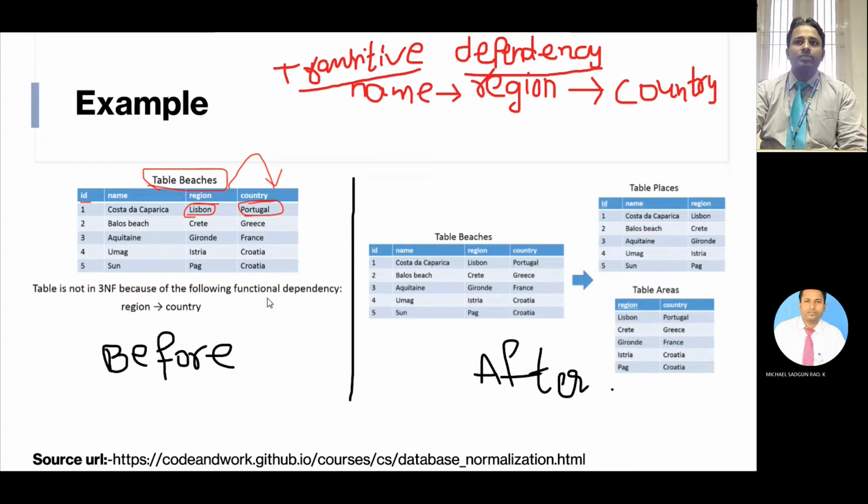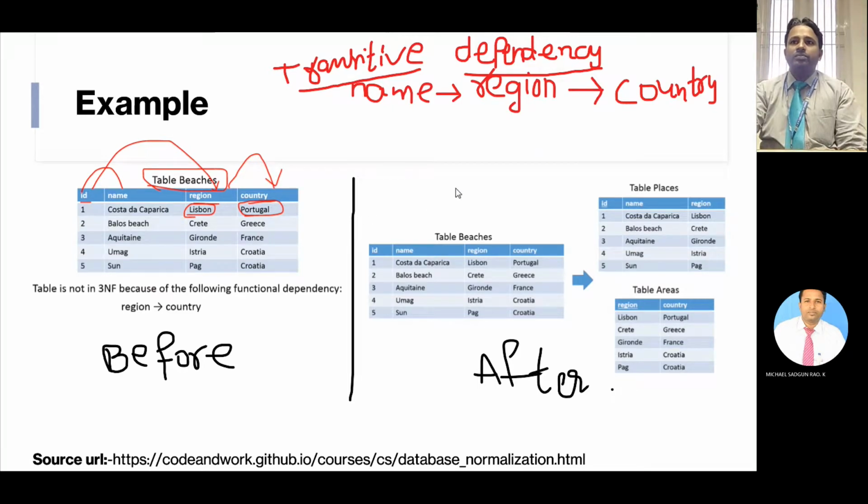ID to name, or ID to region and region to country. If ID is the primary key, then ID to region and region to country is a transitive dependency. So what do we have to do? All the dependents have to be eliminated from that.